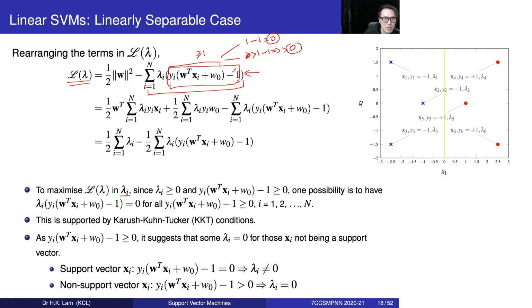So now the whole term is greater than 0, that is positive, and this one is greater than or equal to 0. So lambda I times this term will give you a positive term.